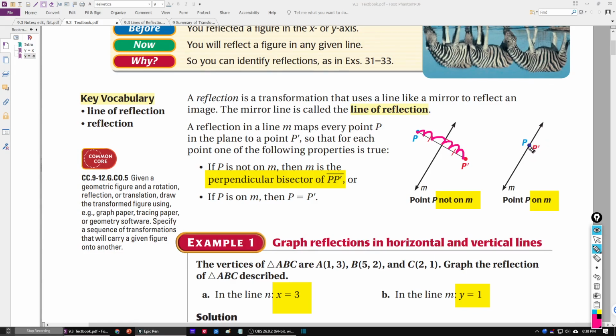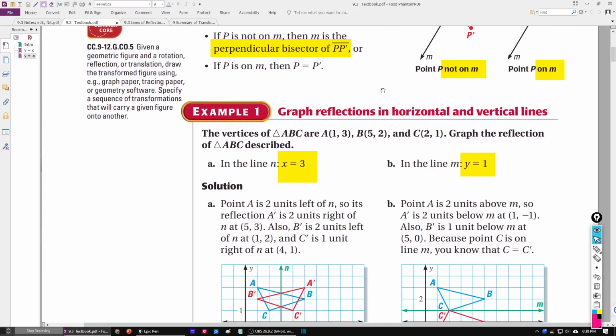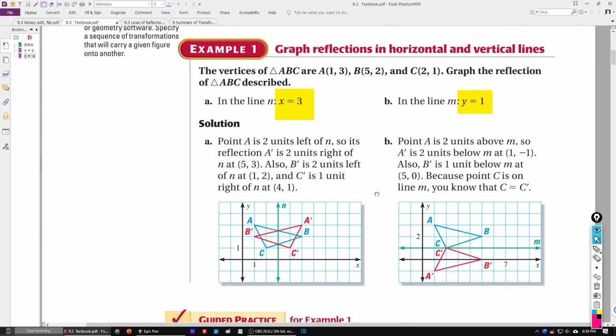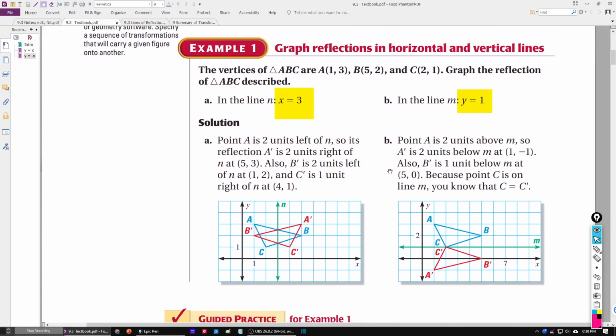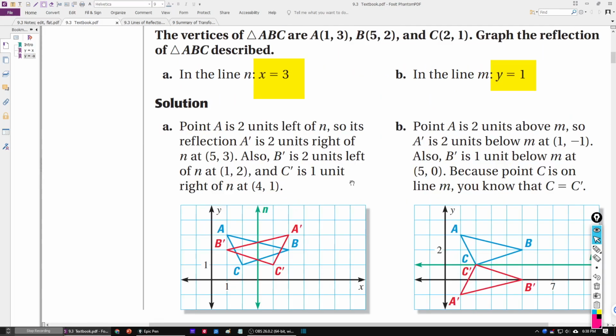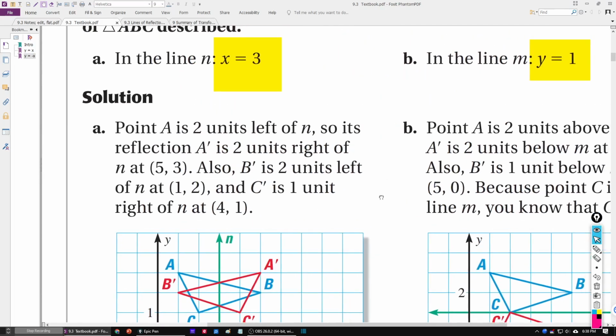Then we take no steps from the line of reflection. In other words, if you have a point that's on the line of reflection, when you reflect it, it does not move. It just stays right there.